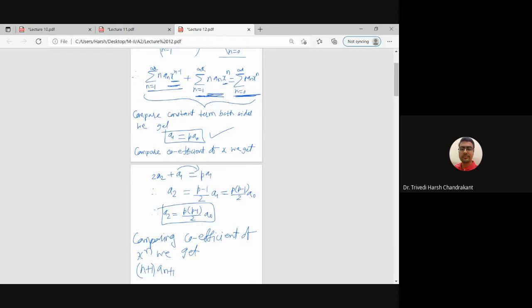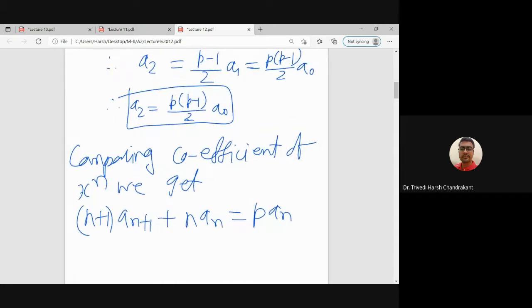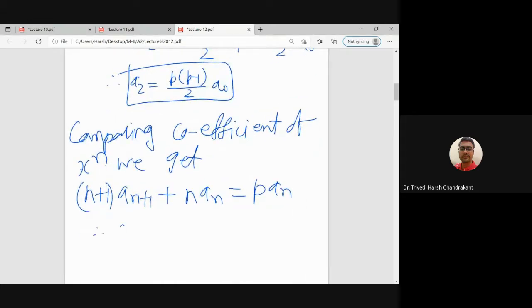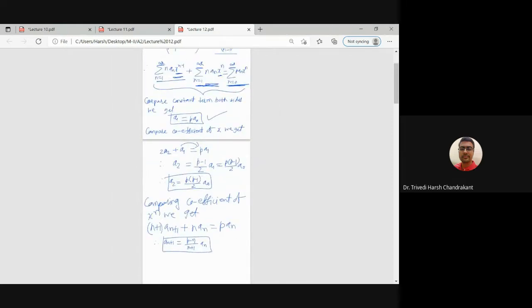Here the coefficient of x power n is n plus 1 times an plus 1, equal to, on the right hand side, p an. So now we can write the an plus 1th formula in terms of an, and that is nothing but p minus n divided by n plus 1 times an. So this is the main step. We shall be using this every time in finding the nth coefficient.